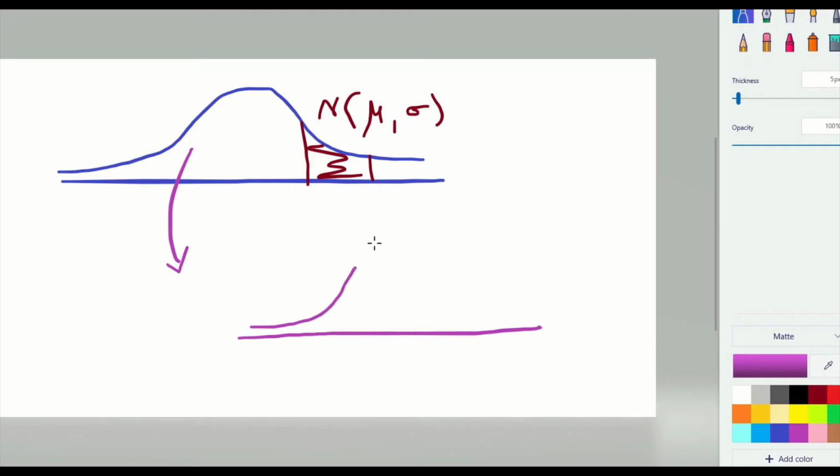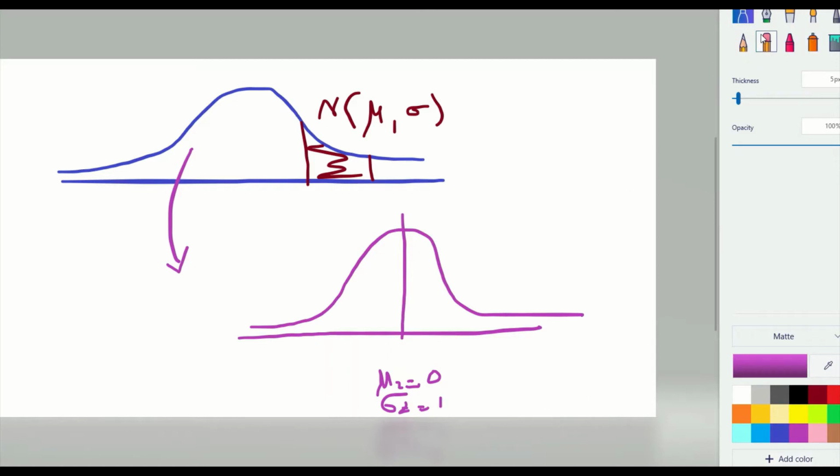And the standard normal is a normal distribution that has a mu of Z exactly equal to 0 and a sigma of Z exactly equal to 1.